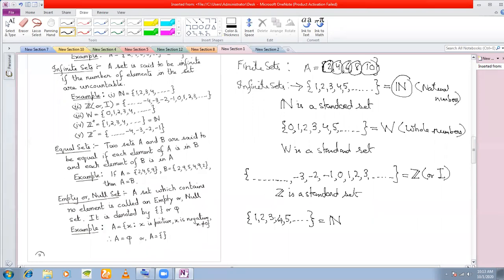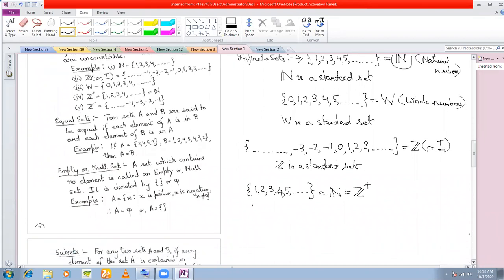And what you can also write is that this is also the set of positive integers. We write it in this manner, Z and we give a plus as the superscript. Okay. So either natural numbers or the set of positive integers, it's the same thing.